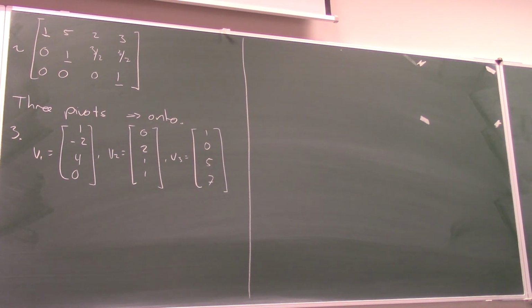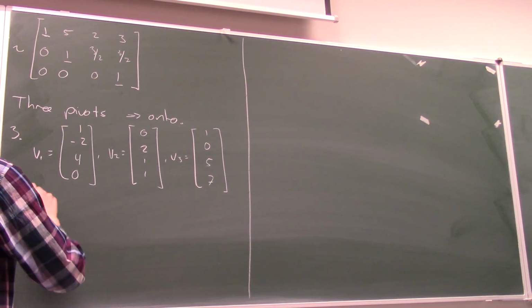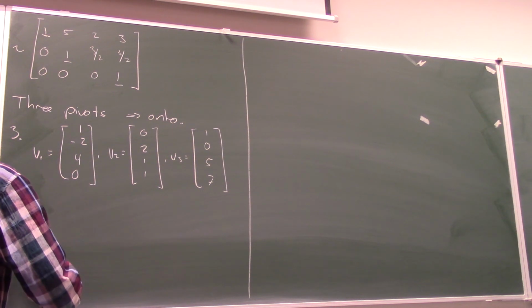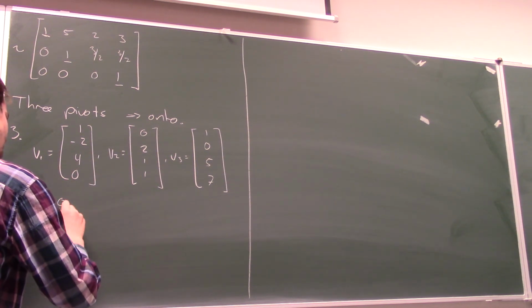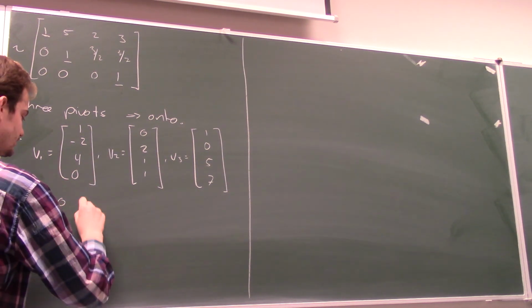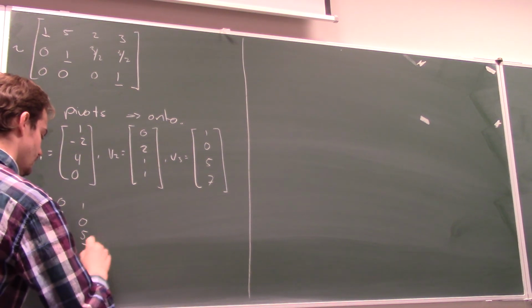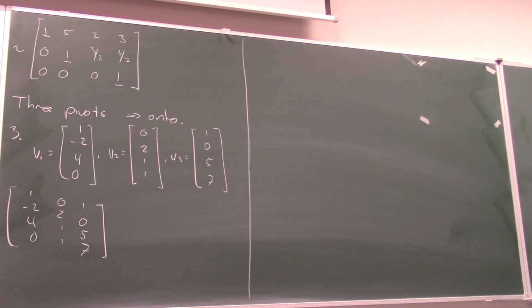So how are we going to do that? Yes, right? So let's just squish it together. So now the question is, are the columns linearly independent or not? So what shall we do?